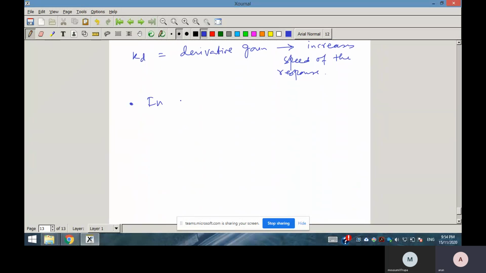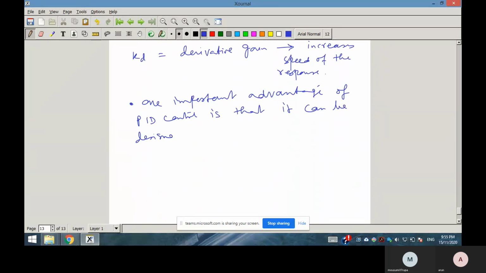In process industry particularly, one important advantage of PID control is that it can be designed even if the model transfer function is not known.